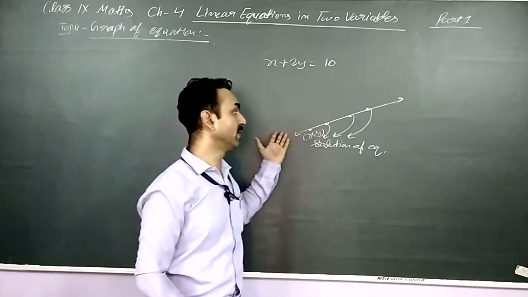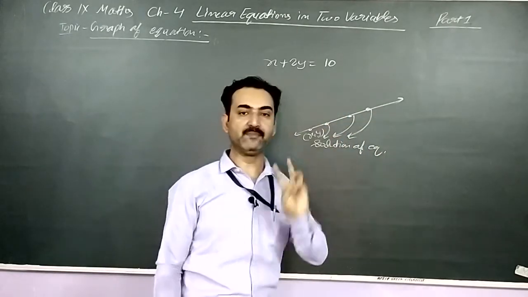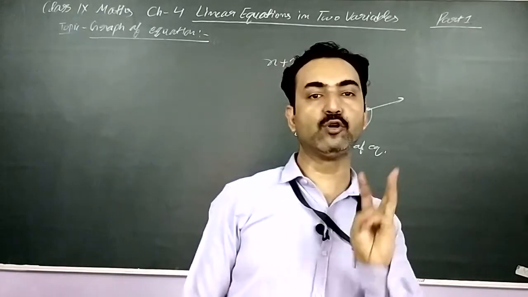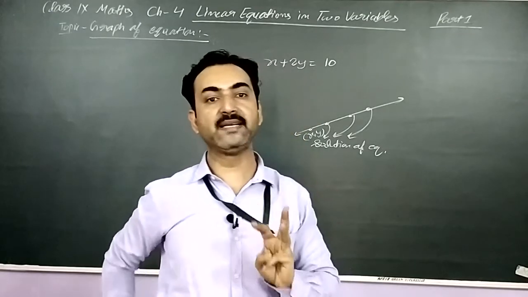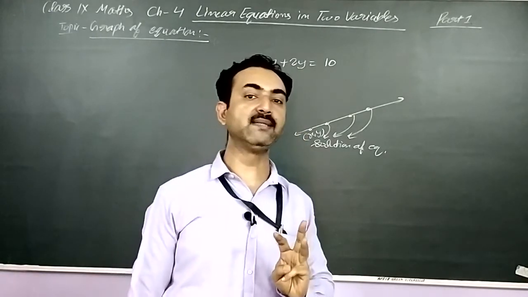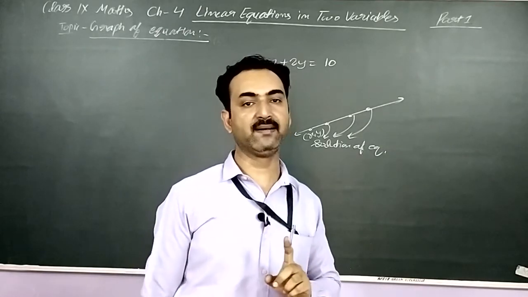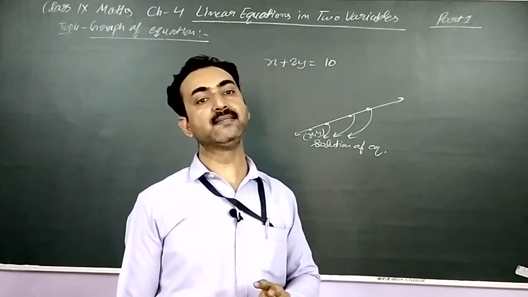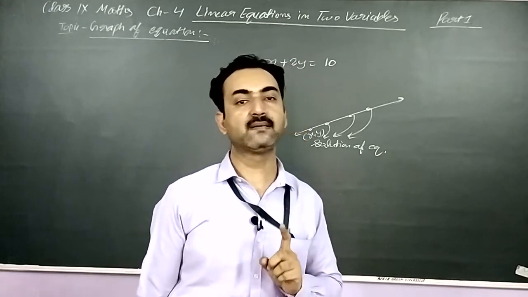We know that there are infinitely many points, so we will not find infinite points, we will find only 3 points. Why only 3 points? Because if we find the correct 3 points, then when we join these 3 points, we get a line. If you find only 2 points, or if 1 point is wrong, then you will not find the correct line.